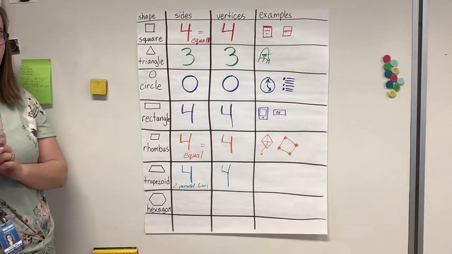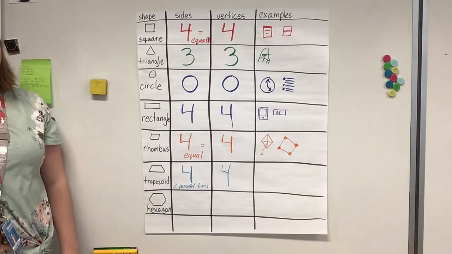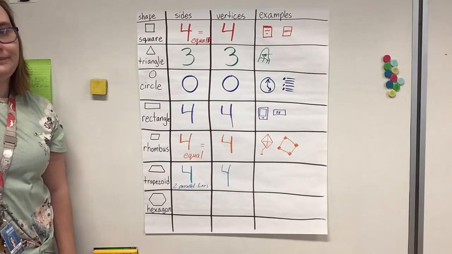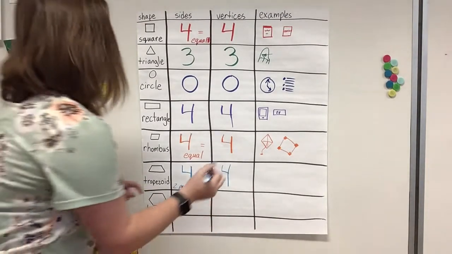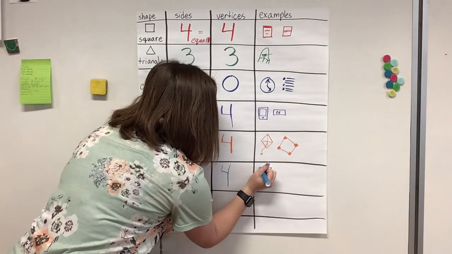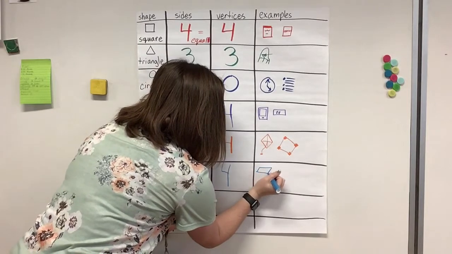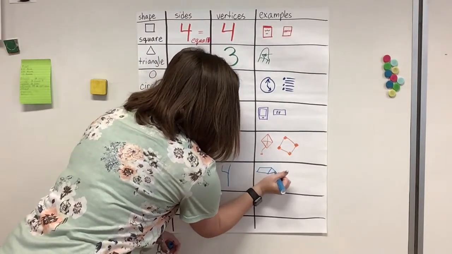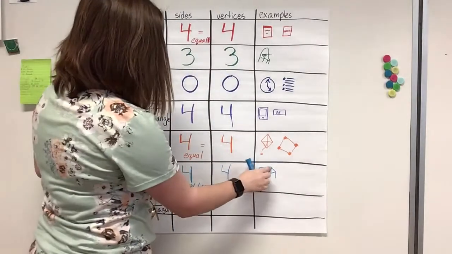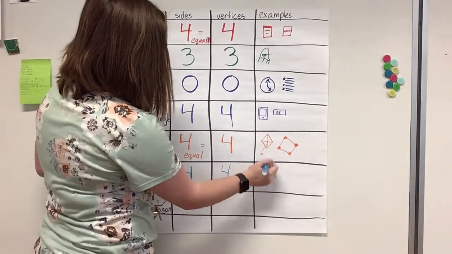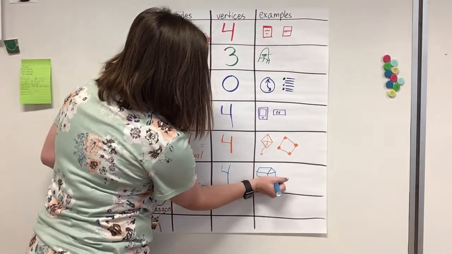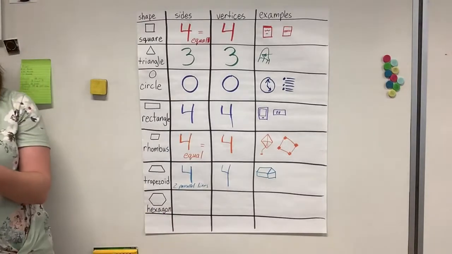Then let's think of an example that we might see every day of a trapezoid. I thought of the roof of a house. So when we have the roof of a house, it has those 2 parallel lines and those other 2 that will eventually come together. A trapezoid. Very nice. Good job, guys.